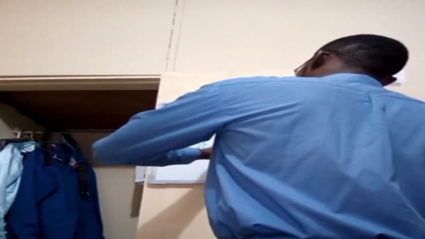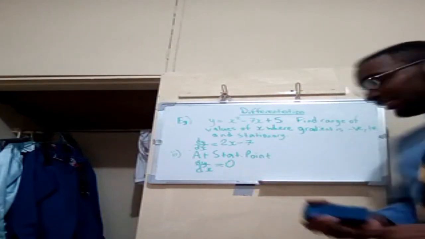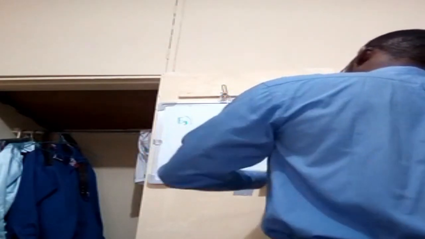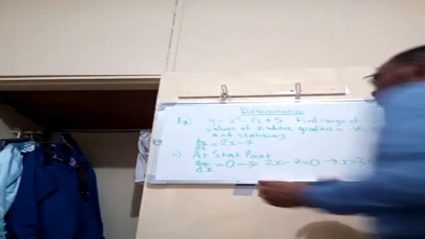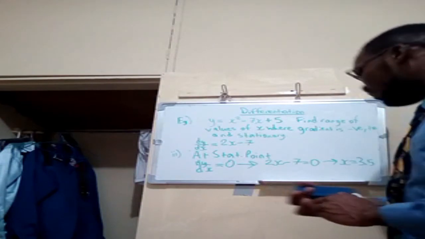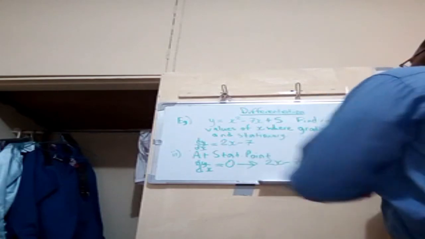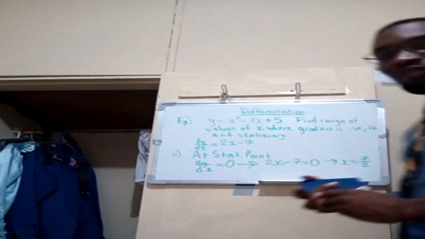At the stationary point, dy by dx is equal to 0, so we're solving 2x minus 7 equal to 0, which implies that x is equal to 3.5. Or let's write it as 7 over 2. This is the stationary point, when x is 7 over 2.